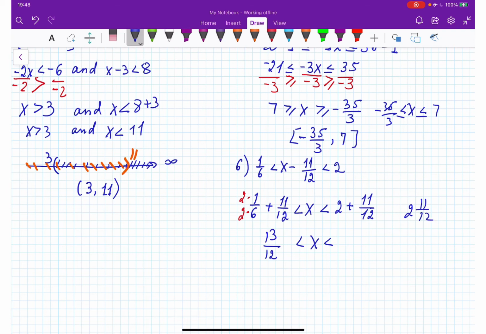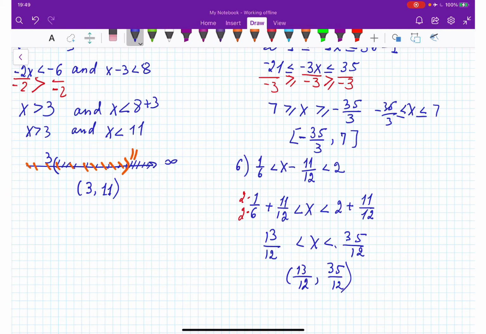To make it an improper fraction, it will be 2 times 12, which is 24. 24 plus 11 is going to be 35. So 35 over 12. Since neither of them has an equal sign, the result in interval notation is 13 over 12 all the way to 35 over 12.